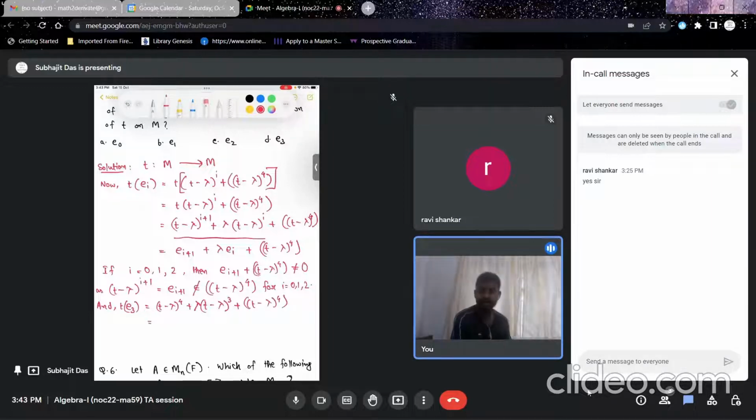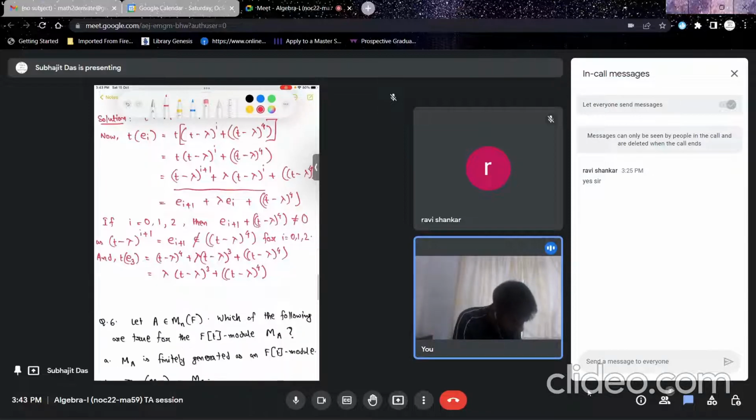But then (t minus lambda)^4 is in the coset, in the ideal generated by (t minus lambda)^4. So that means this vanishes. So you are just left with lambda times (t minus lambda)^3 plus (t minus lambda)^4, the ideal generated by this. So this is just lambda times E3, right?